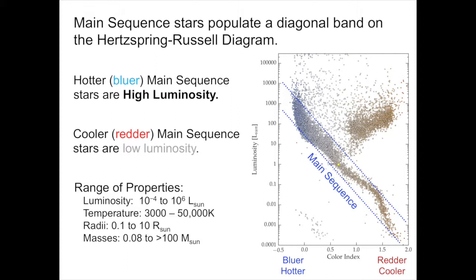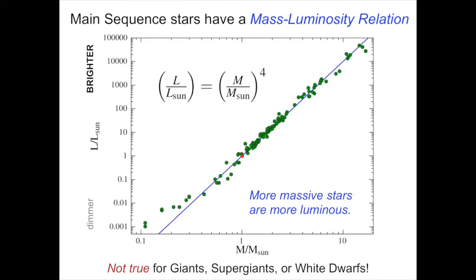Stellar radii range over a factor of 100, from a tenth to approximately 10 times the radius of the Sun. And as we're going to see through this lecture, the masses of stars along the main sequence run from a minimum of 8% the mass of the Sun to more than 100 times the mass of the Sun. The upper mass limit is not well defined.